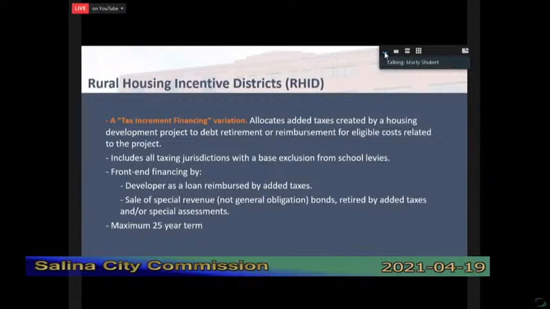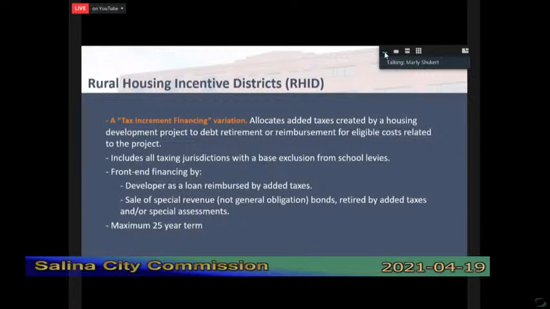It includes all taxing jurisdictions, but, and I'm not sure that this is in the statute or whether it's just a possibility, you can exclude a certain amount of school tax levies from the RHID. Otherwise, it ties up everybody's taxes who's a property tax jurisdiction.